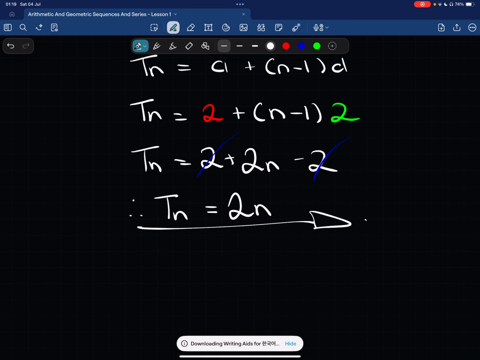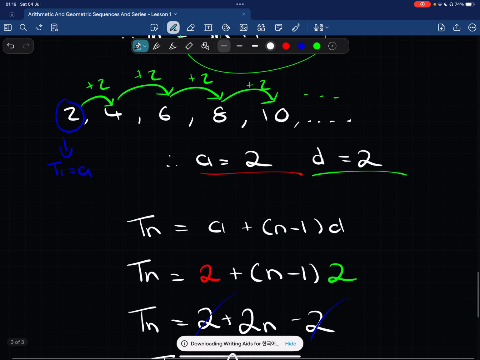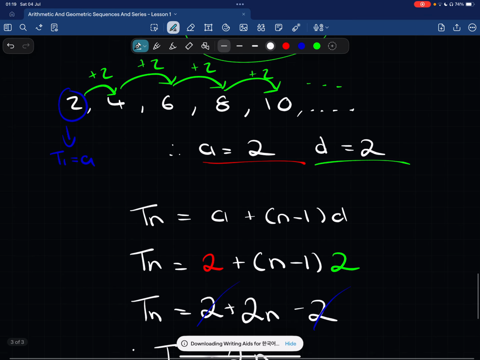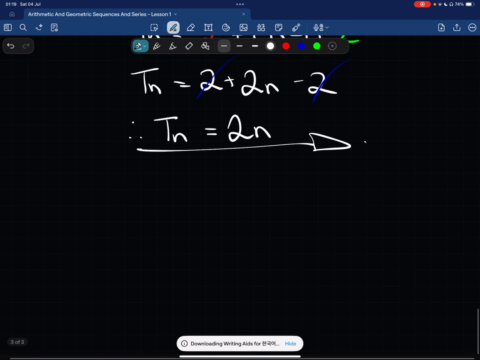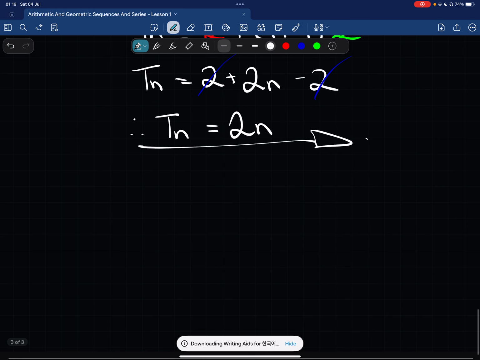Notice something special about this sequence is that it generates all of our, what do you call them, even numbers greater than 0. Great. Now imagine if I ask you, let's generate a general formula for all of our odd numbers greater than 0.